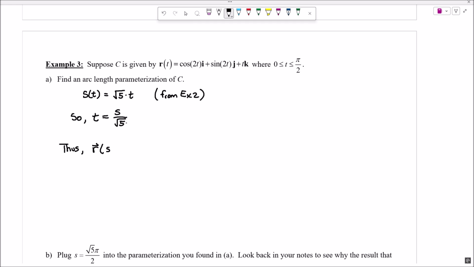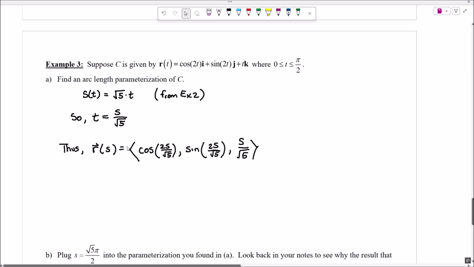Okay, so I'm going to write it here as r of s, because I can say, well, if t is just equivalent to s over root 5, then I should be able to rewrite this as cosine of 2s over root 5, and sine of 2s over root 5, and then finally just s over root 5. Okay. So this would allow me to, again, redefine what this curve actually is. I've created an arc length parameterization.